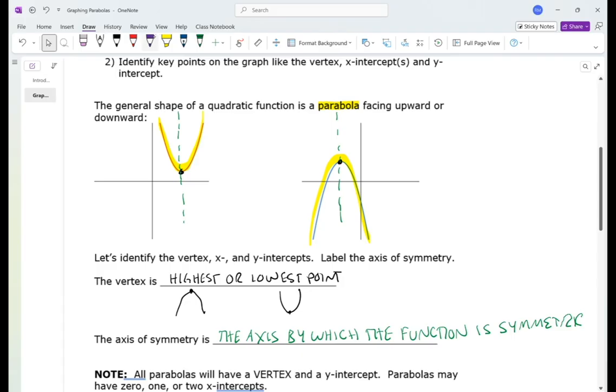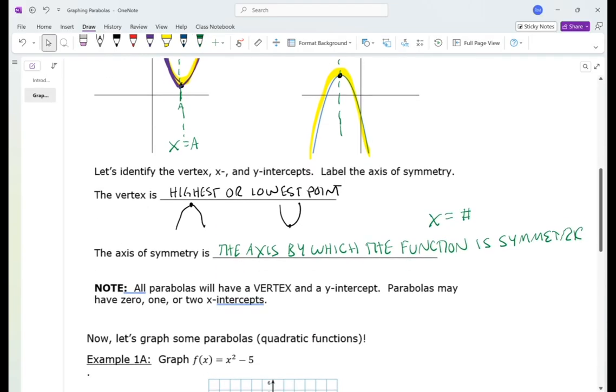So if we're looking at this graph right here, if I take the mirror image of it and put it on the other side, it's going to be the exact same. So the x values are different, but the y values will be the exact same on both sides of that line. And the way that we label that line is it's going to be x equals, and then whatever x value we have here. So I'll just say that's a. So it's always going to be in the form x equals a number.